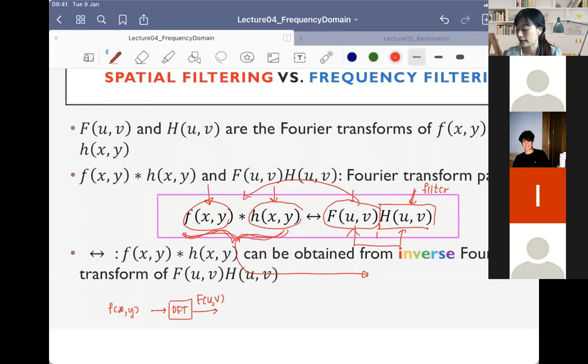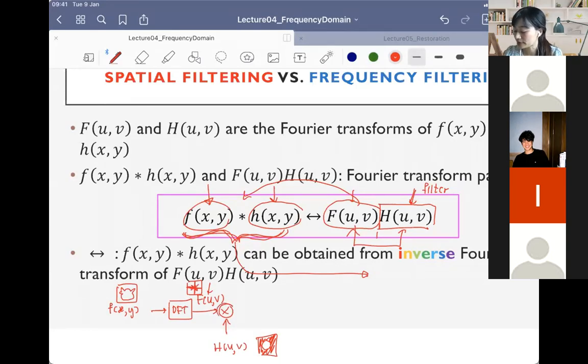And then I want to apply the low pass filter, so I multiply with the low pass filter, like H(u,v). An ideal low pass filter looks like this. This is sort of the image in the frequency domain. For example, if I have a cat, it could look like this in the frequency domain.